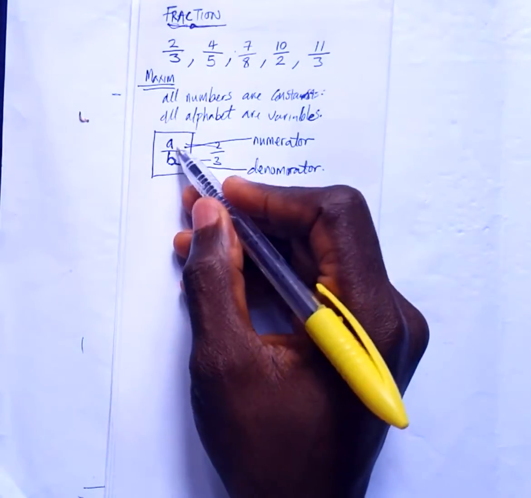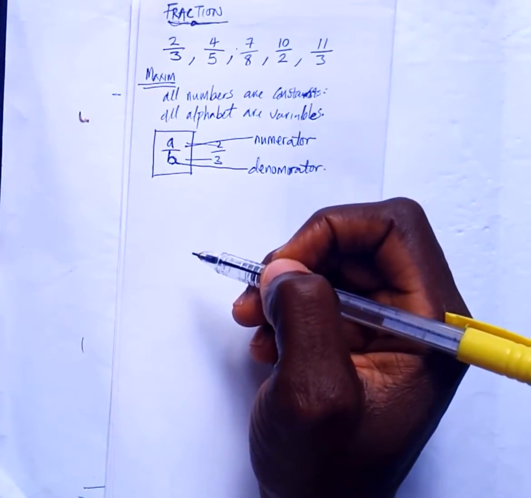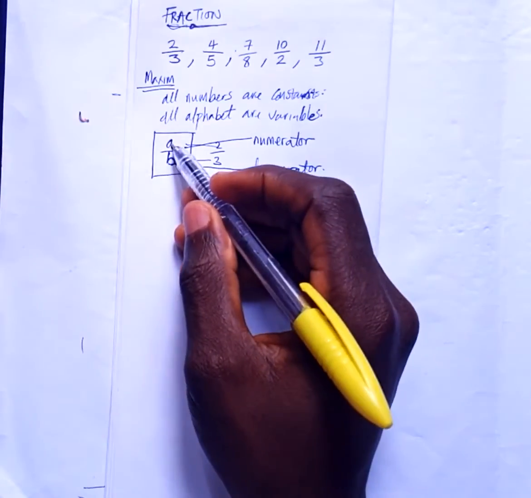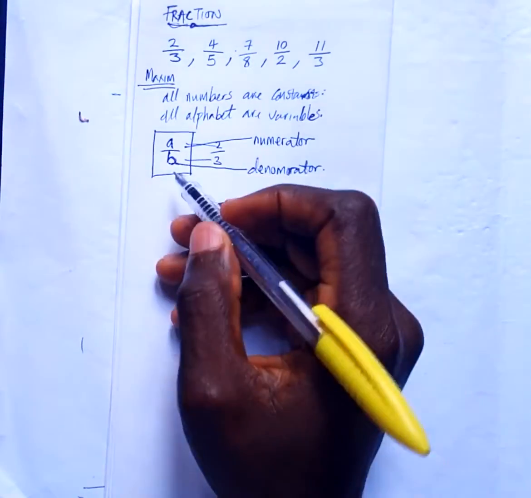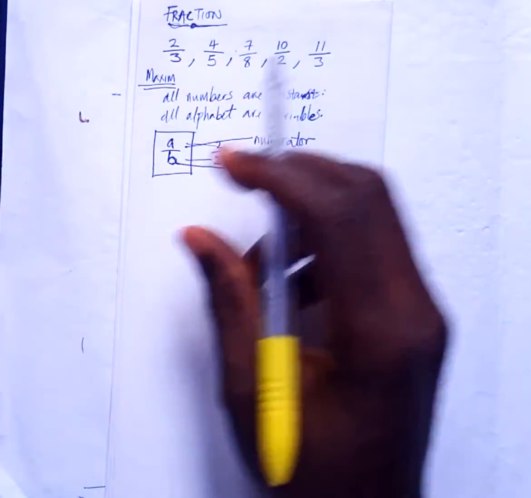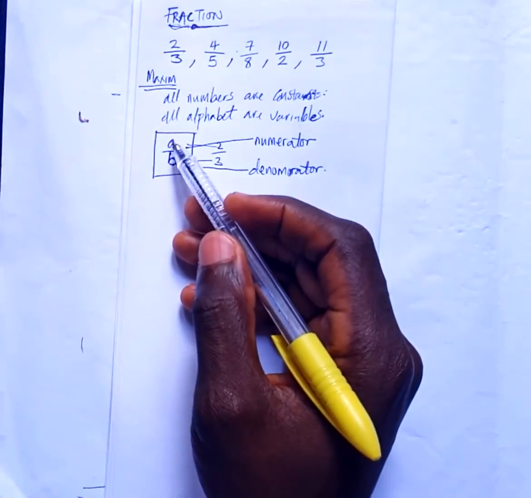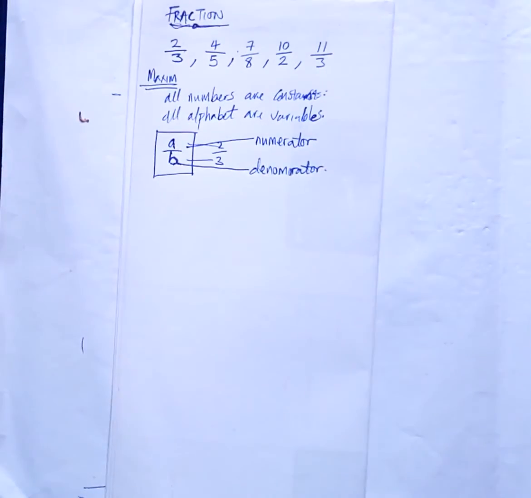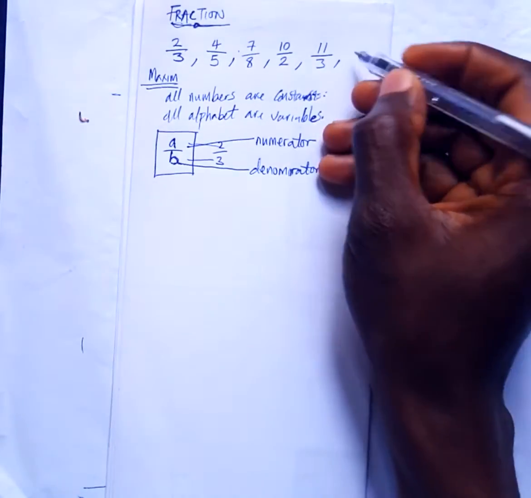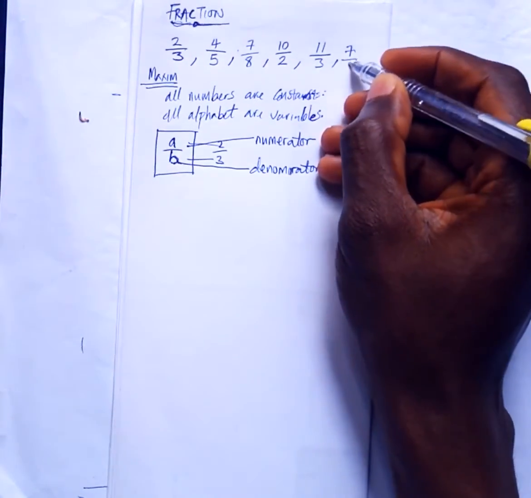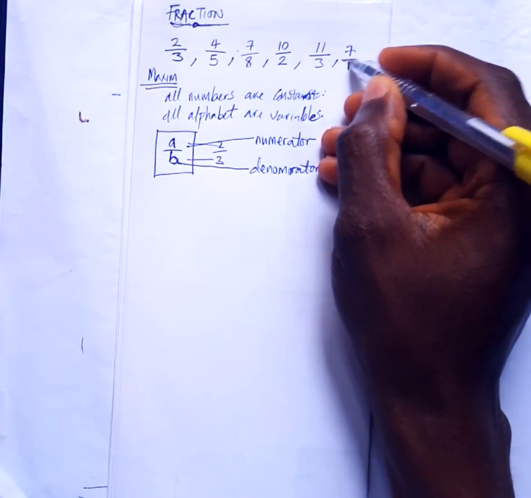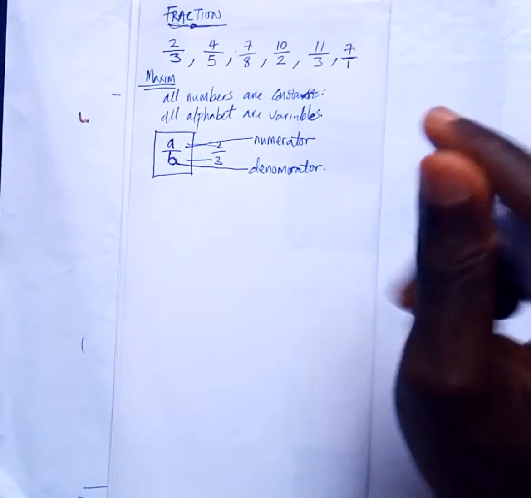The one up is called the numerator, the one down is called the denominator. Our A can be any number, can be 10, can be 11, and our B can be any number. This is just like a representative. To represent it, that's why we use letters. It can come in any form: 4/5, 3/7. In fact, we can have 7/1. Provided this division, this ratio, is there, it's called a fraction.